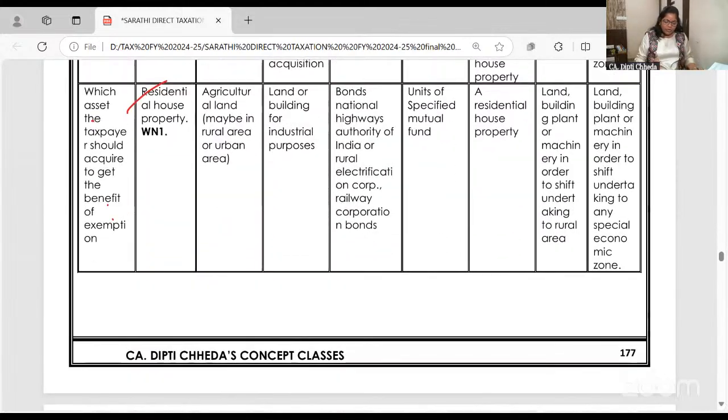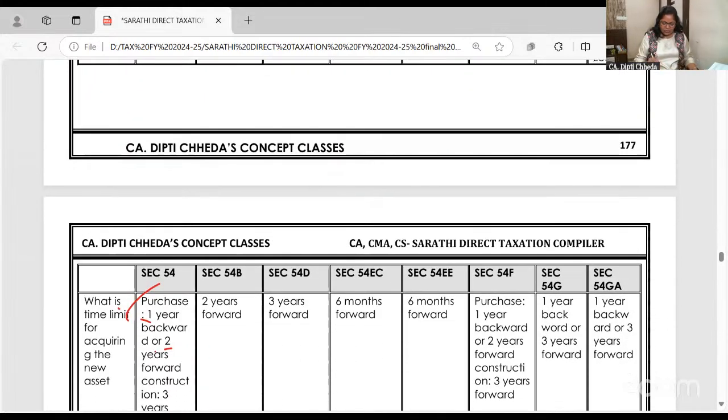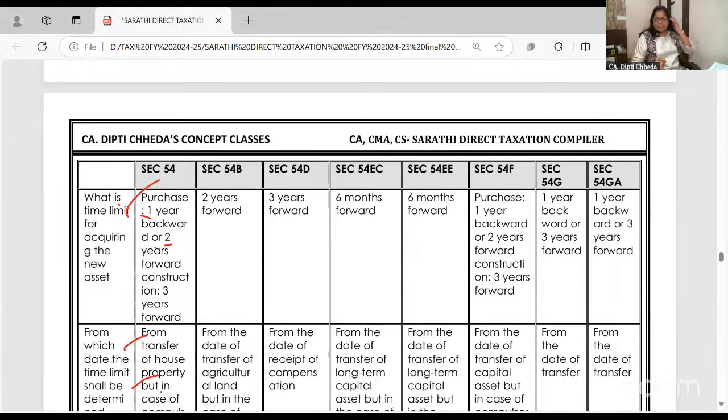What you need to buy? Residential house. Time limit: purchase 1 year backward, 2 years forward, construction 3 years forward. I'll make you write. This is understanding, then booster note, then solving the question answer. If you do it in detail, everything else will be super clear.